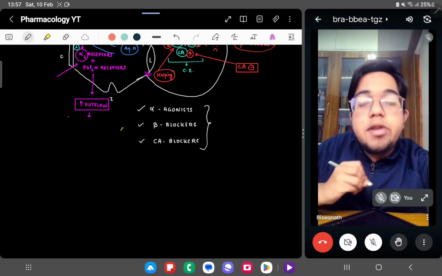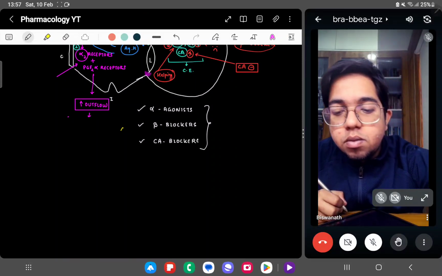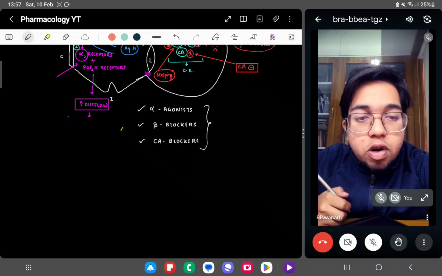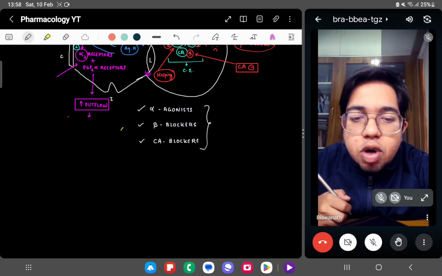So these three are the drugs approved for glaucoma. Then we'll see the two types of glaucoma as well, and what other drug can be given in case of glaucoma.